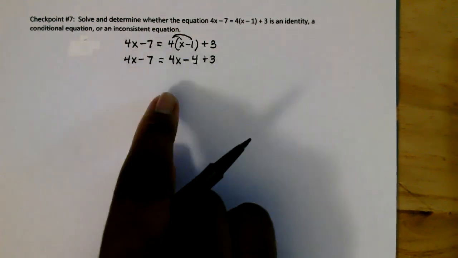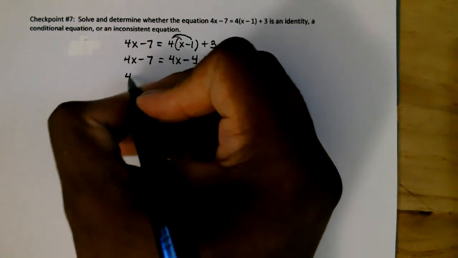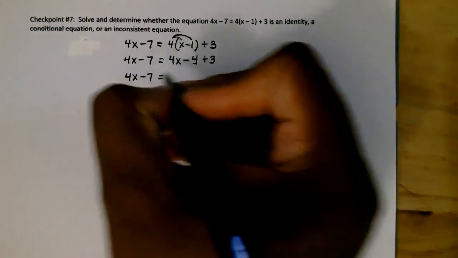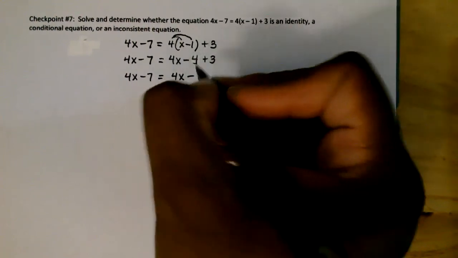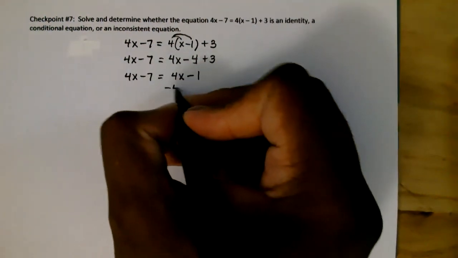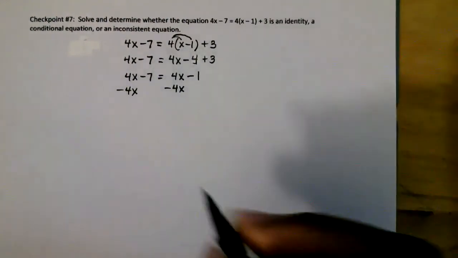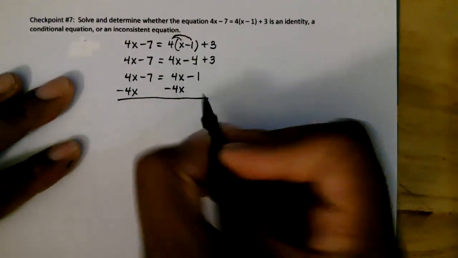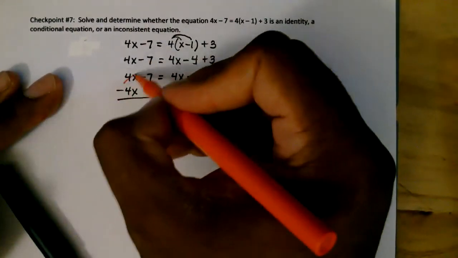And then combine like terms. Negative 4 plus 3 will be negative 1. So I got 4x minus 7 is equal to 4x minus 1. Now, when I attempt to get all the x's on one side of this equation by subtracting 4x on both sides, notice that the 4x's on the left side are gone.